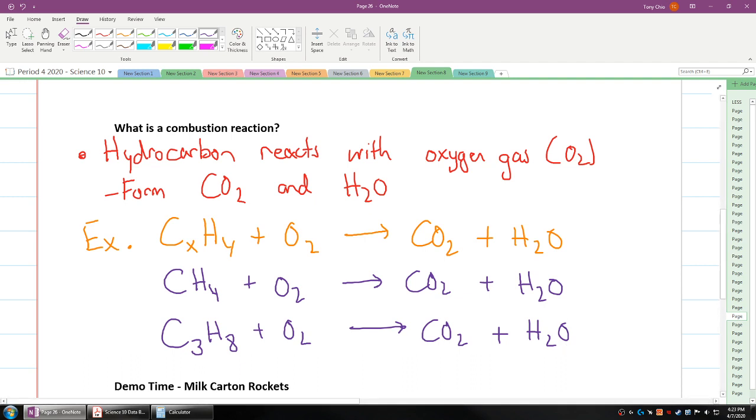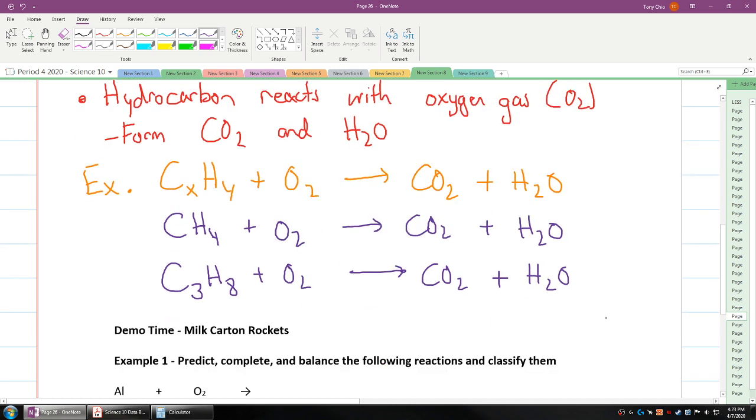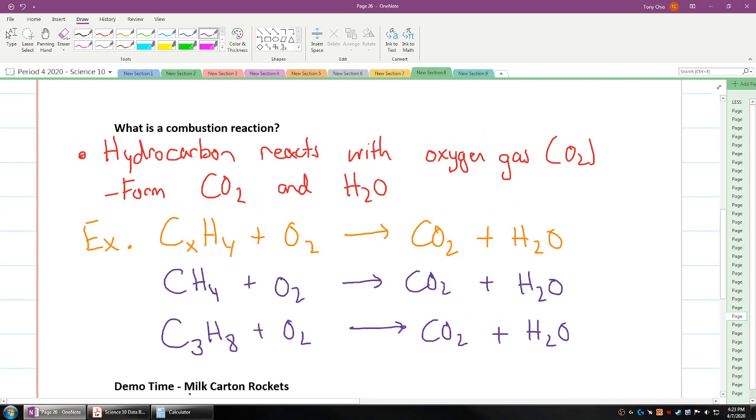Now, a demo I would be doing is called the milk carton rockets, where I fill a milk carton with some methanol and then light the end of the milk carton with a flaming splint. So I have a video of this done previously.